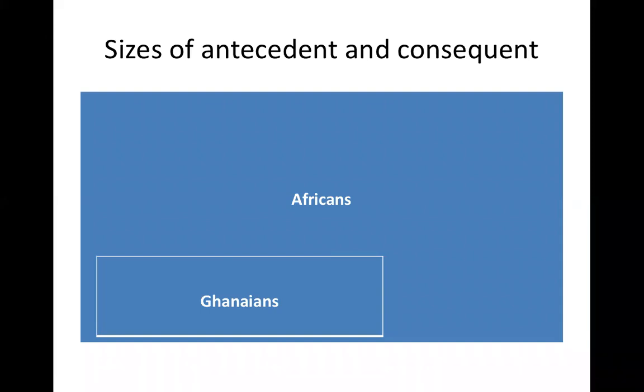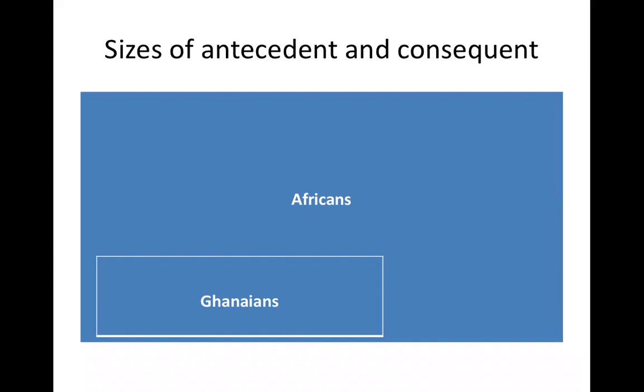If you say someone is not an African, then automatically the person cannot be a Ghanaian. So any argument that denies the consequent is a valid argument. That is why the rule of deductive reasoning says that you can only affirm the antecedent or deny the consequent in order to reach a valid conclusion. Any other operation is invalid.